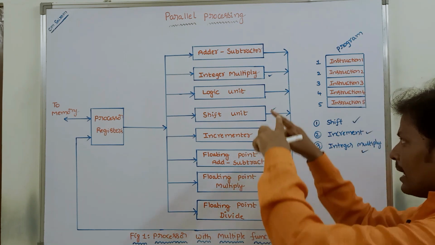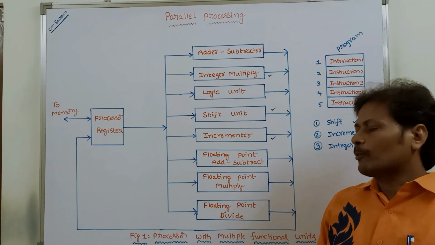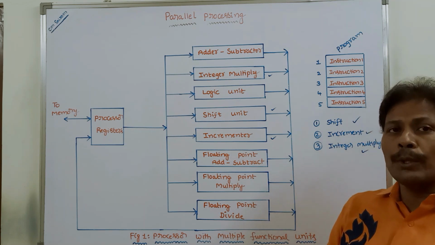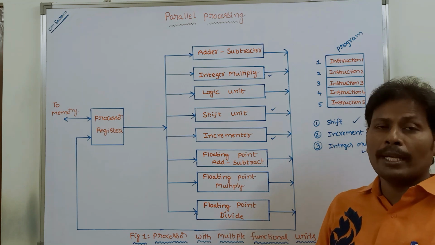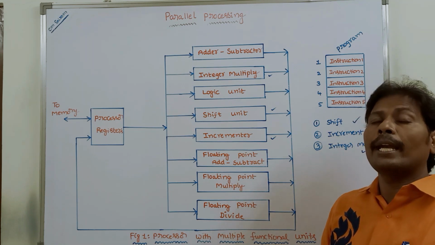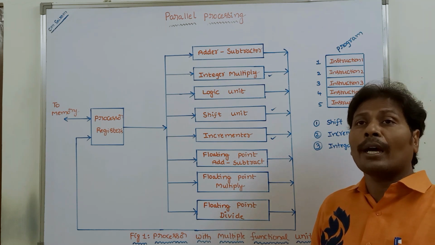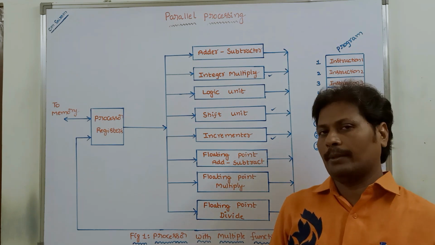Okay, the processor is nothing but the CPU. Within the processor or our CPU, we are using mainly 3 components. First one is the control unit. It can control the entire operations or activities that are done within the processor.